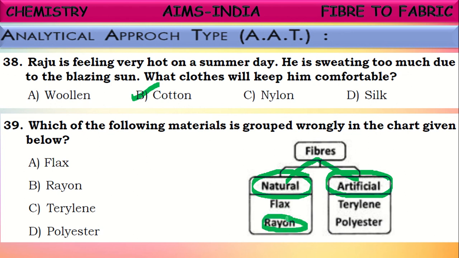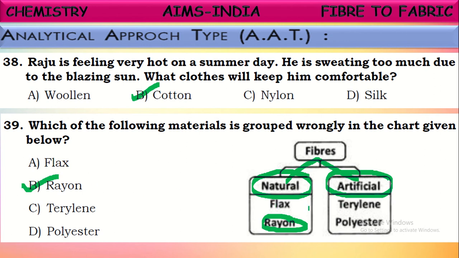This rayon is an artificial fiber because it is prepared synthetically, but it won't come under natural fibers. If you see the chart, rayon is grouped under natural fibers, so it is wrongly grouped. We can say rayon is an artificial fiber but not natural.